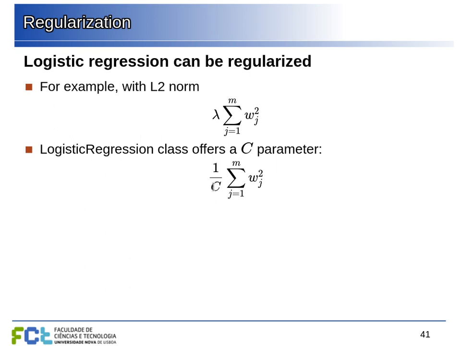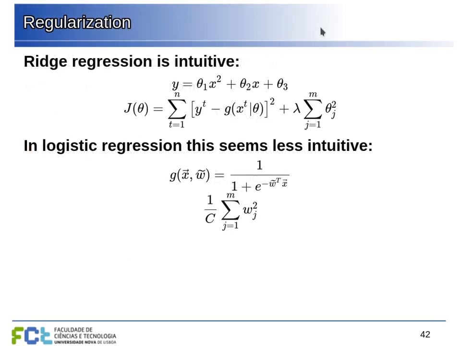The reason for using this 1 over C will become clearer when we look at support vector machines, and it's a way of standardizing these kinds of parameters in the scikit-learn interface. But just remember for now that lambda here, the weight given to regularization, is 1 over C. So large C means small regularization, small C is large regularization.